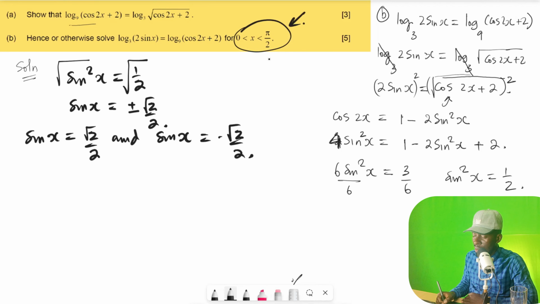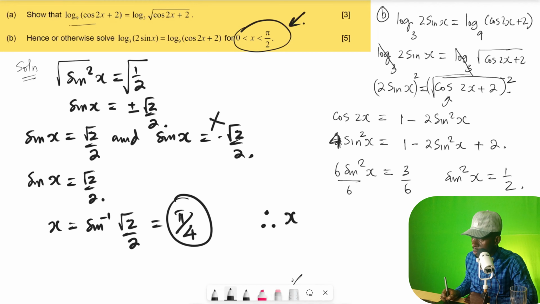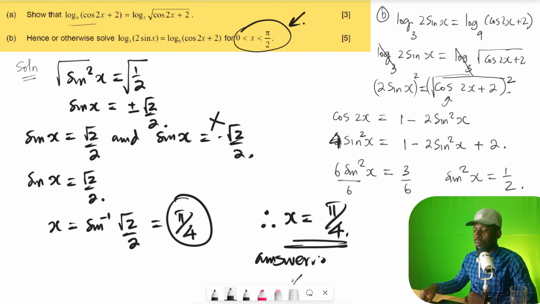So we have to ignore the negative part and only take into account sine of x equals root 2 by 2. Here x equals sine inverse of root 2 by 2, which equals pi by 4. So therefore, the final answer for the value of x is pi by 4, and this is our final answer.